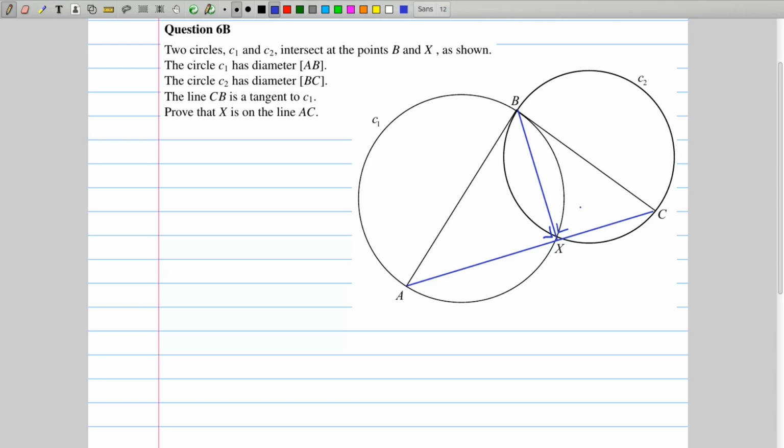Likewise with the other semicircle, if I go from B through to C and pass it through X, that is a semicircle, X is on the circumference, and so if I join X to B and X to C, it must make a right angle.